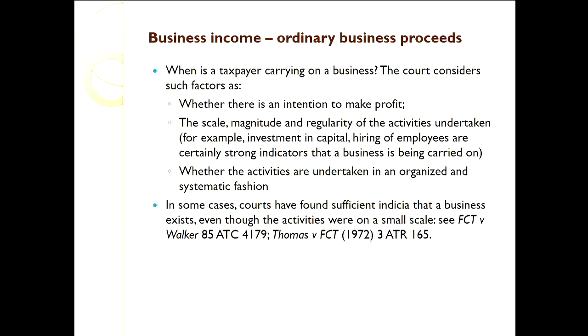You look at, and this is very important, the scale, magnitude, and regularity of the activities that are undertaken. If it's a very commercial and systematic approach, that suggests there's a business. The undertaking of risk suggests there's a business. If you take out a loan, that's risky. If you've got employees, that's a really strong signal, pretty much 100% that you've got a business if you're hiring employees.